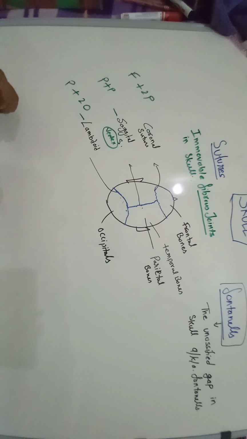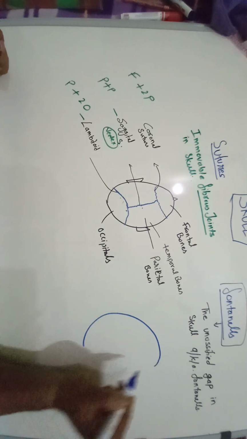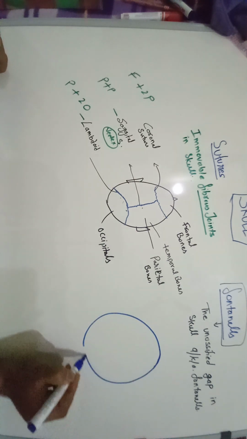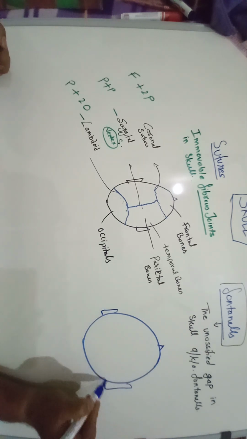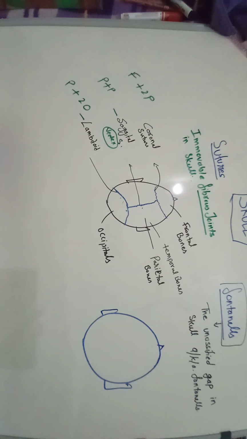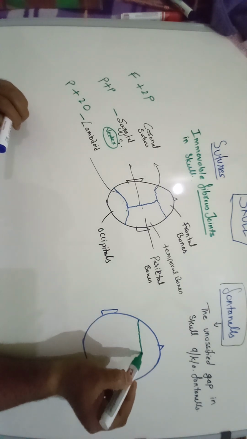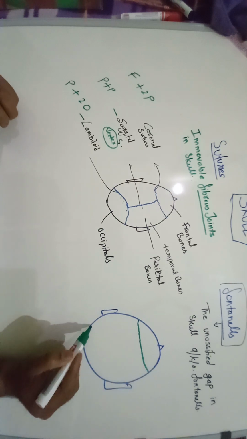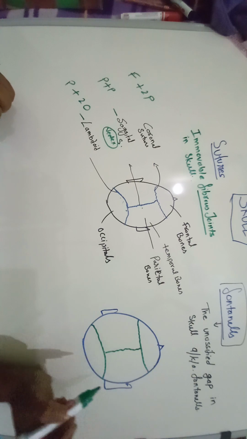And there are fontanels. How do these fontanels take place in the skull? First, this is a skull. Fontanels are a most important thing during childhood. This is coronal, this is lambdoid and this is sagittal.